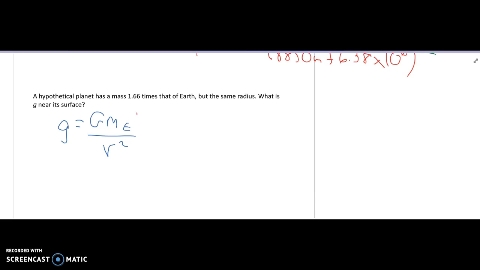I could say that the mass is 1.66 times the mass of the Earth. So then I also have to here put a 1.66. If we were using 9.8, we'd get a value, or if we use 10 here, this is 1.66 times 10, and that would equal 16.6 meters per second squared.